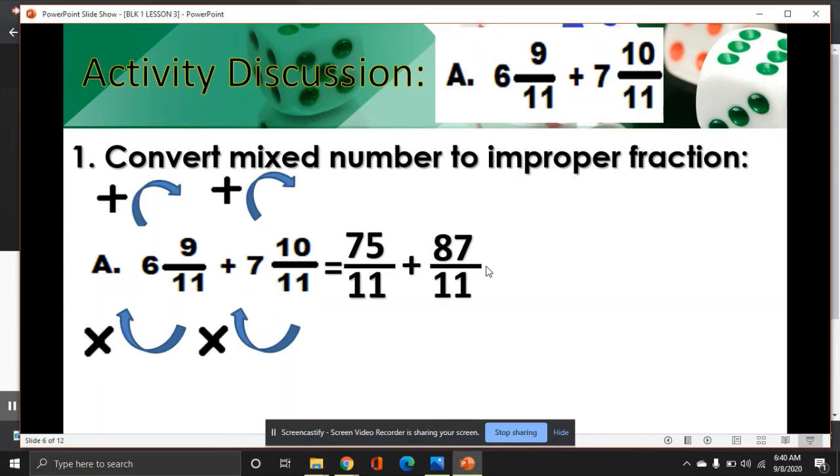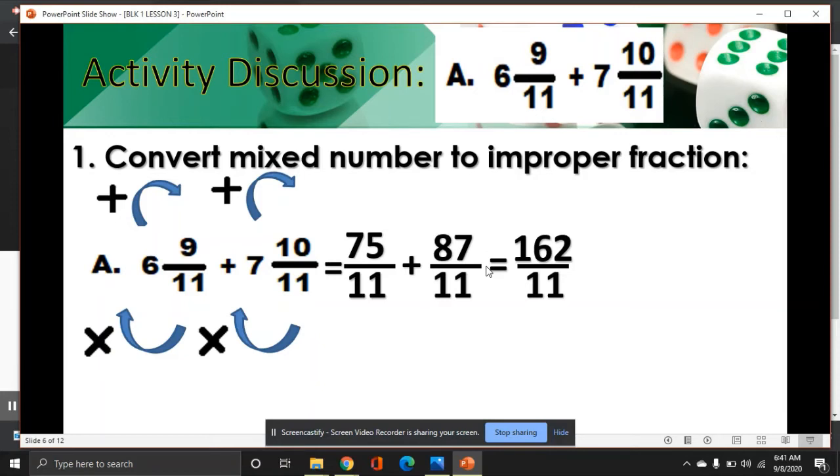So as a rule, in adding like fractions, we just copy the denominator and add our numerators. So copy the denominator 11. 75 plus 87, we got 162. Is it our simplified answer?